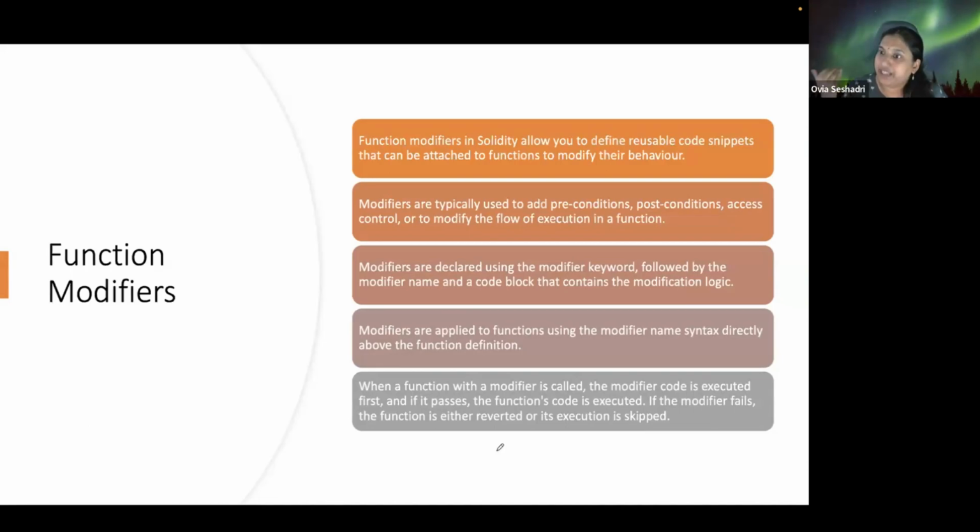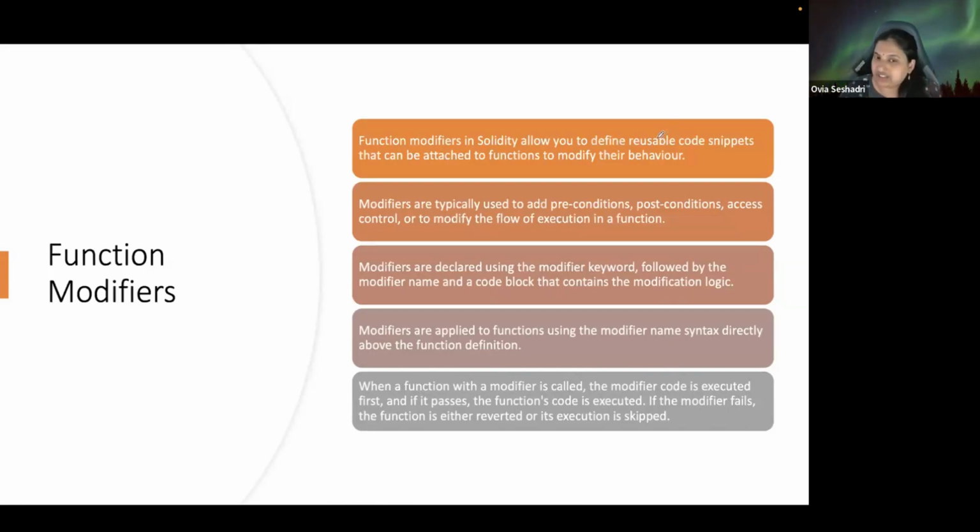There can be some preconditions and there can be some post conditions. For example, if you want to set a lock so that one variable can only be changed by one person at a point of time, you want to set a lock before the function execution and then remove the lock after function completion. These preconditions and post conditions can be set using a function modifier.